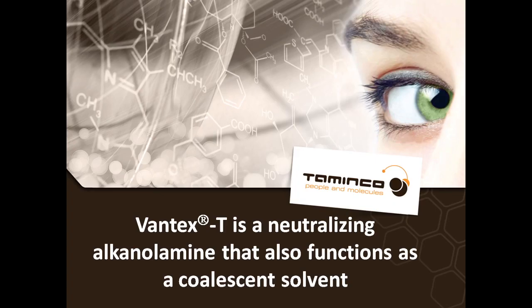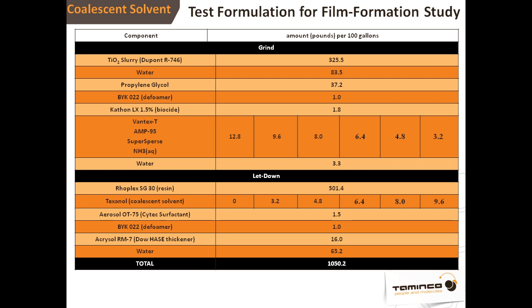So finally, I'd like to talk about a fourth case study that shows the utilization of this strategy to develop an optimal paint formula. And this is to use an even higher molecular weight alkanolamine as a partial coalescent. We have a basic experiment.